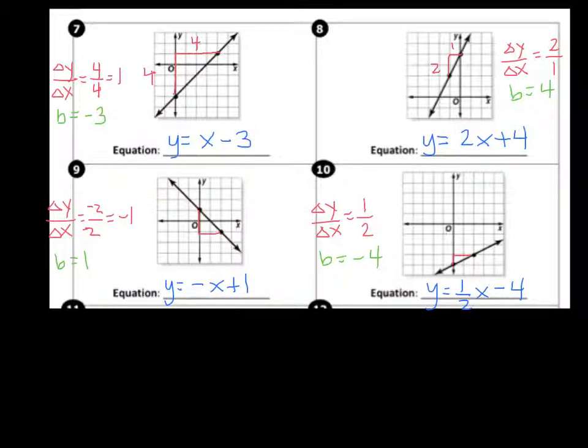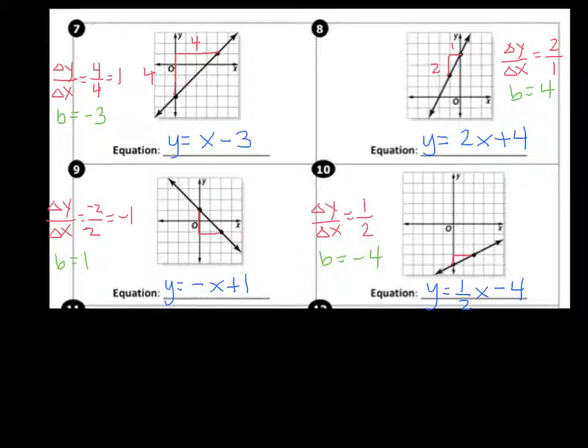So when you have a variable that has a coefficient of 1, it's not necessary to write it. So when I see y equals x minus 3, I know that my slope was 1. And my y-intercept was negative 3. And down here, when I see negative x plus 1, I know my slope was negative 1, and my y-intercept was positive 1.